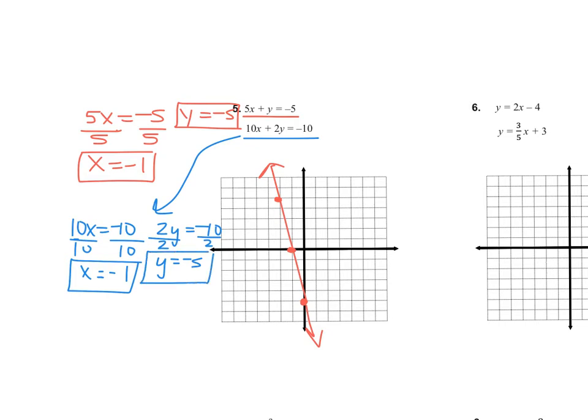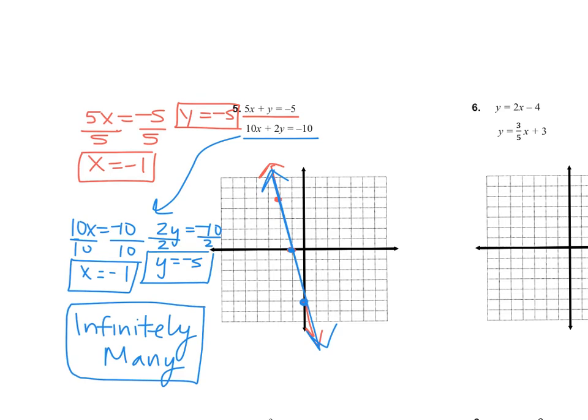So if you plot those, x equals negative 1, y equals negative 5, draw that line in. Notice what happens here. We get the exact same line. And when you get the same line like that, your answer is infinitely many solutions.